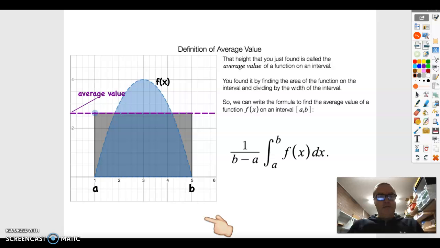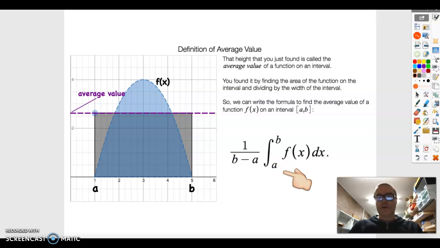So let's summarise and write our average value as a bit of a definition. We can see here we've got another curve. We've got a function, and the blue area below that function is equal to the area of the grey rectangle. We're interested in the average value of the blue function between x equals a and x equals b.